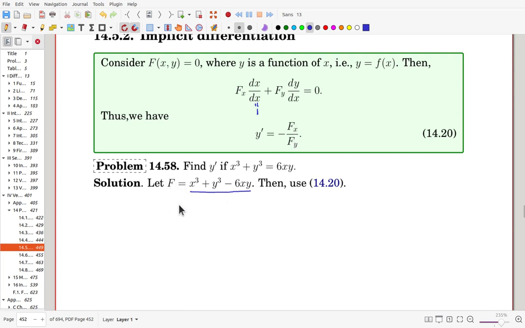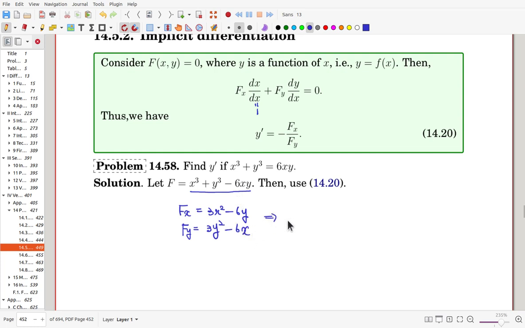So simply we try to get the partial derivatives of the function capital F. F sub x is 3x squared minus 6y. And F sub y, the y derivative, is 3y squared minus 6x.